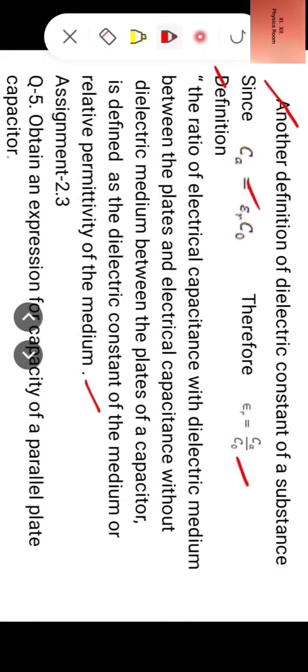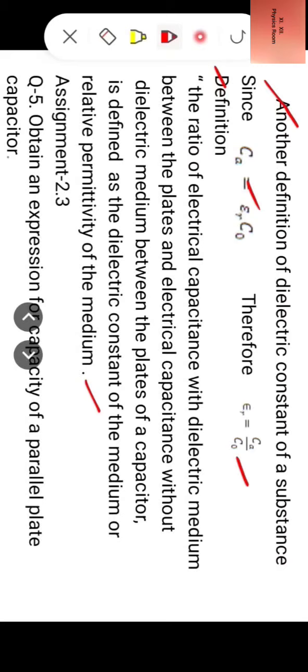Okay, this is a new definition of dielectric constant. Previously we had epsilon R is equal to epsilon A by epsilon naught. Then we have epsilon R is equal to F naught by Fa.